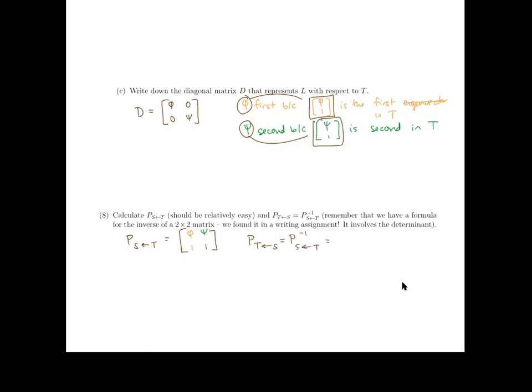And since it's a 2 by 2 matrix, what we're going to get is 1 over the determinant of P from T to S. So we'll have to figure that out, but I think it's not going to be too bad. Times this thing where we scramble things a little bit. So I believe we are going to switch the green one and the golden ratio.